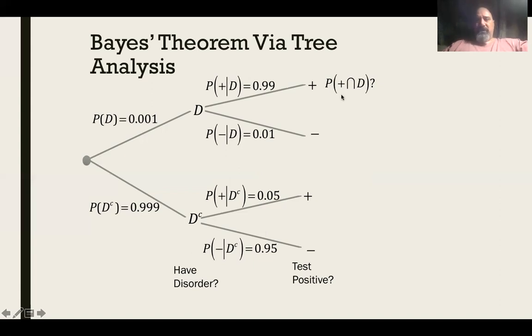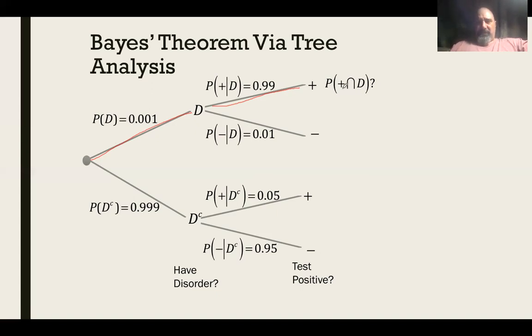Okay, so notice that the probability of having the disease and testing positive, given that I have the disease, we can think of as the probability of positive and disease, right?